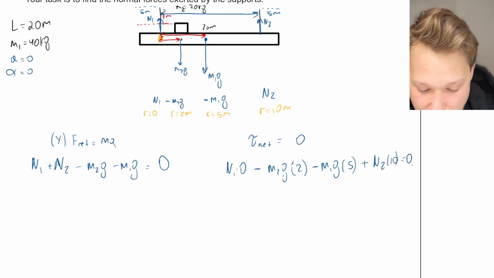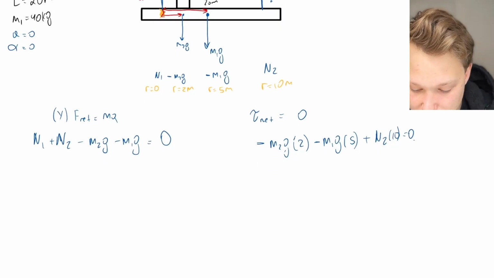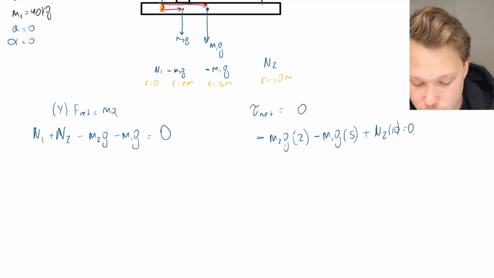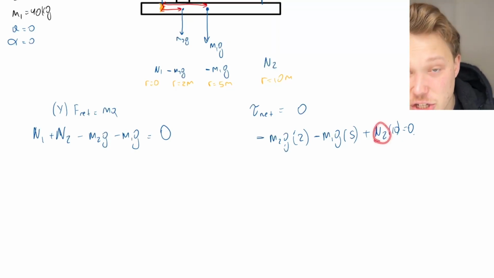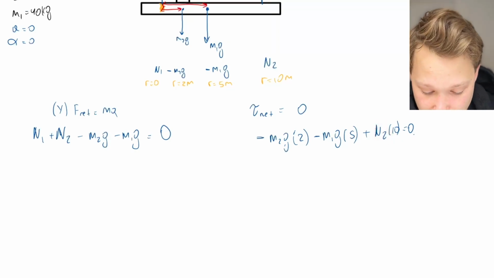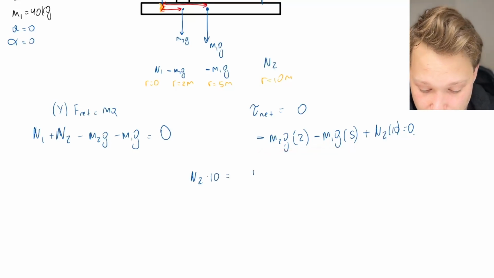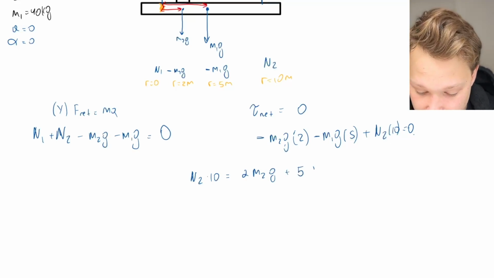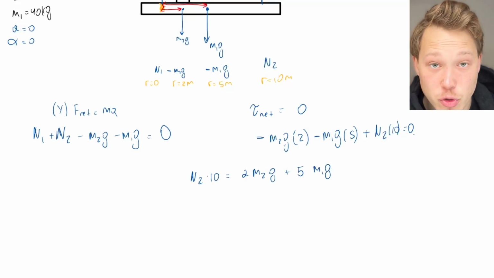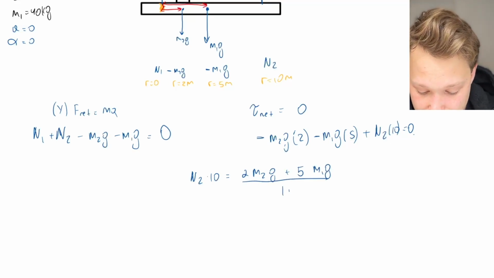Now, of course, N1 times 0 is going to cancel out. So we rearrange our equation for N2. N2 times 10, I'm going to put these terms on the right hand side: 2 M2G plus 5 M1G, and I'm going to divide both sides by 10.